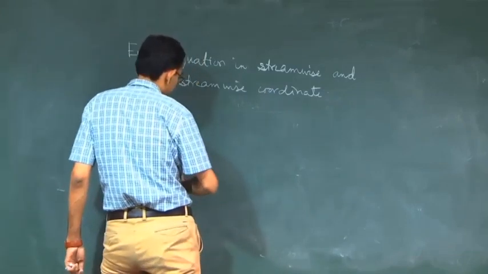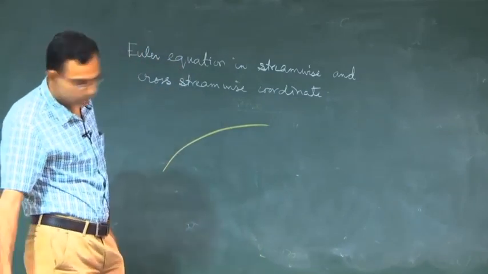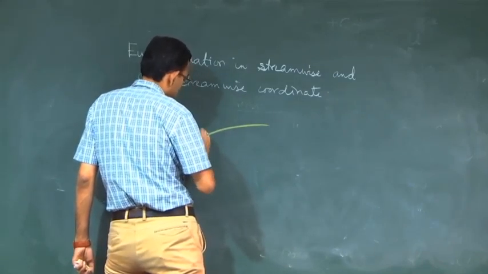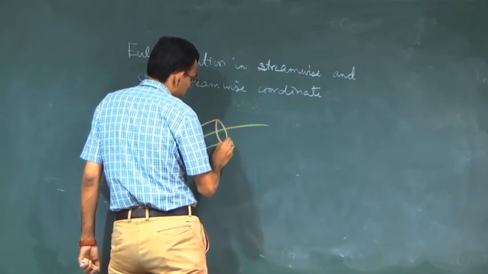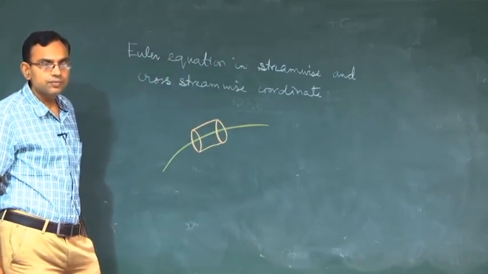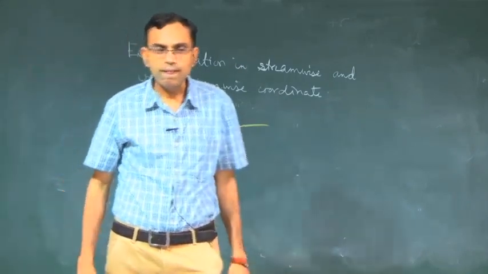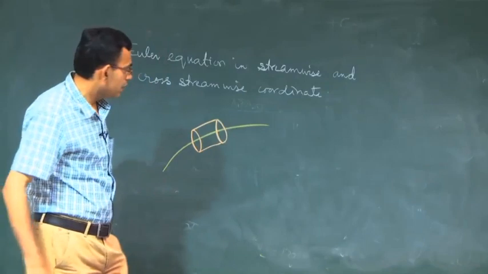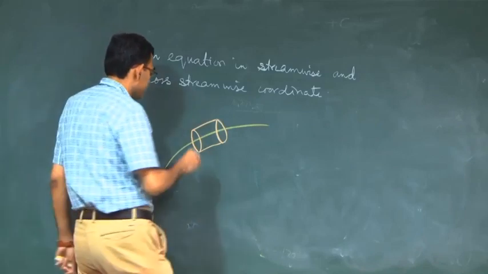So, let us say that this is a streamline and this is a fluid element which is coaxial with the streamline, which is a cylindrical fluid element. So, a curved cylinder as an example. Now, we will identify all the forces on this, assuming the flow to be inviscid.